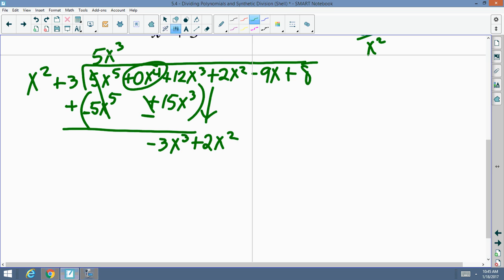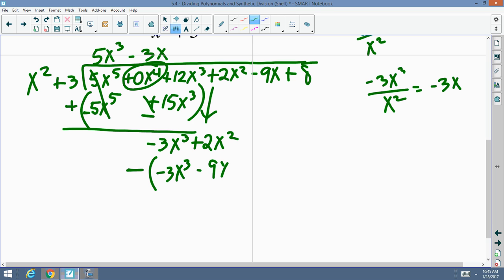How many times does x squared go into negative 3x cubed? It goes in negative 3x times. So this is negative 3x. Subtract the product. Negative 3x times x squared is negative 3x cubed. Negative 3x times 3 is negative 9x.